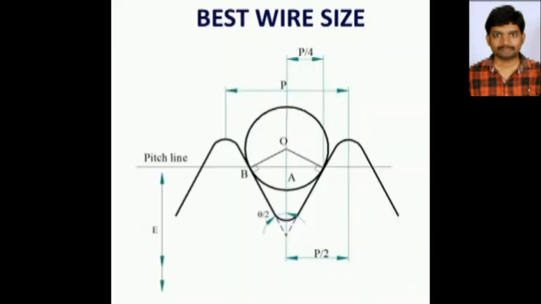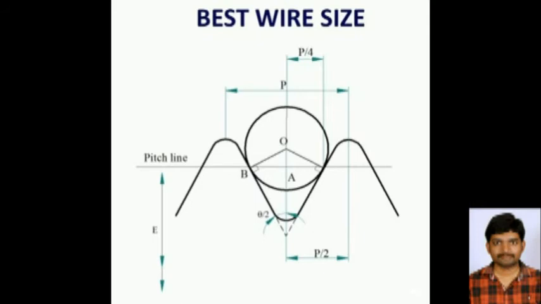Okay, now this geometry shows the best size wire placed in the thread groove. You can see the wire contacting the flank at the pitch line. So this is the case, and such a wire is called a best size wire.